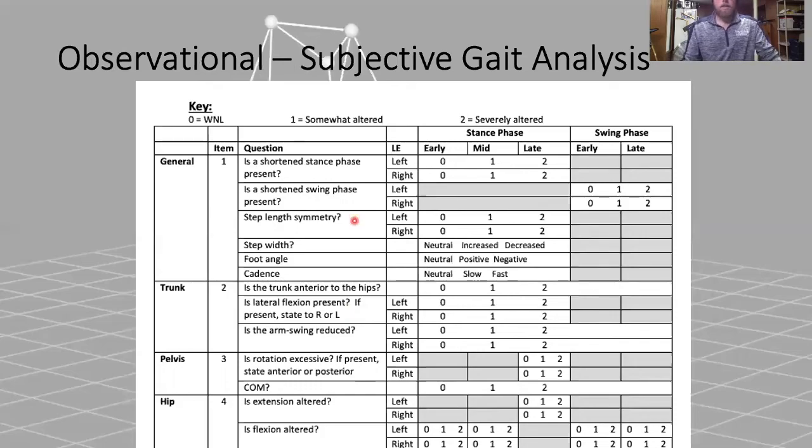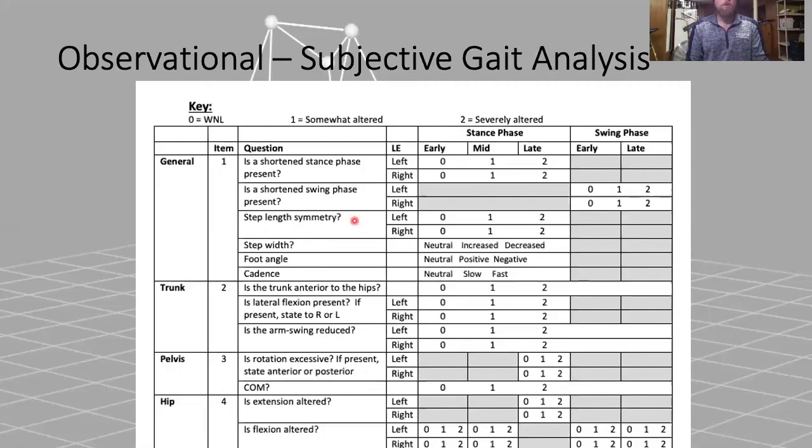Now, what if you're in a setup where you don't have the ability to get quantitative data, or you don't necessarily want to? Setting folks up in a biomechanics lab and putting markers on their body and getting the cameras set up and getting the force plates set up, that all takes time.